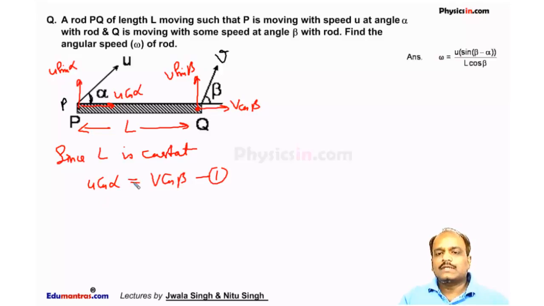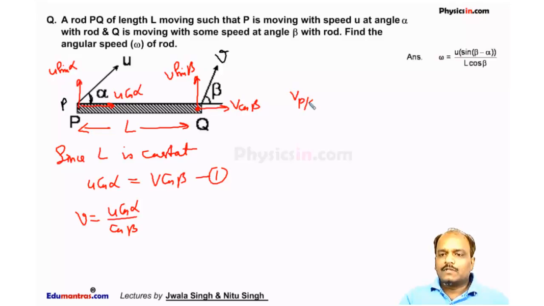So from here we can say, because the length of the rod is constant, the separation between particle P and Q is 0. So from here we can say v is equal to u cos alpha divided by cos beta. Now for angular velocity, if the person is sitting at Q, the velocity of P with respect to Q along this perpendicular direction is u sin alpha minus v sin beta.